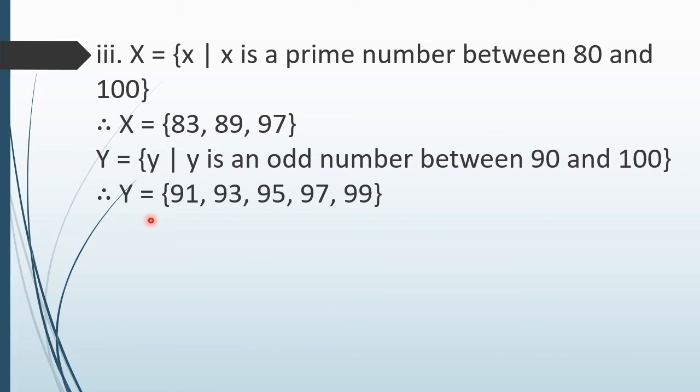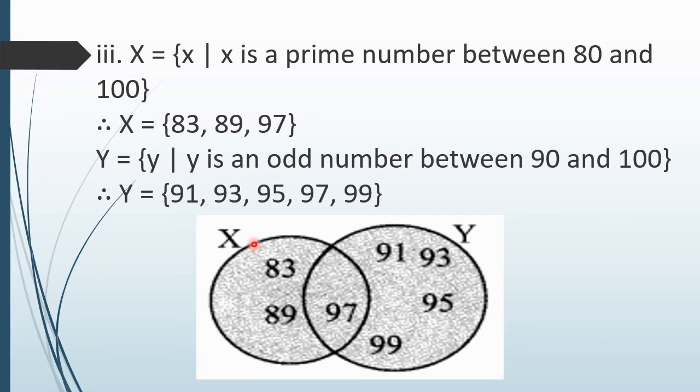So Y is equal to {91, 93, 95, 97, 99}. So let us draw a Venn diagram. Here in this Venn diagram you can see that X is 83, 97 and 89 and Y is equal to 91, 93, 95, 97 and 99. Here 97 is a common element.